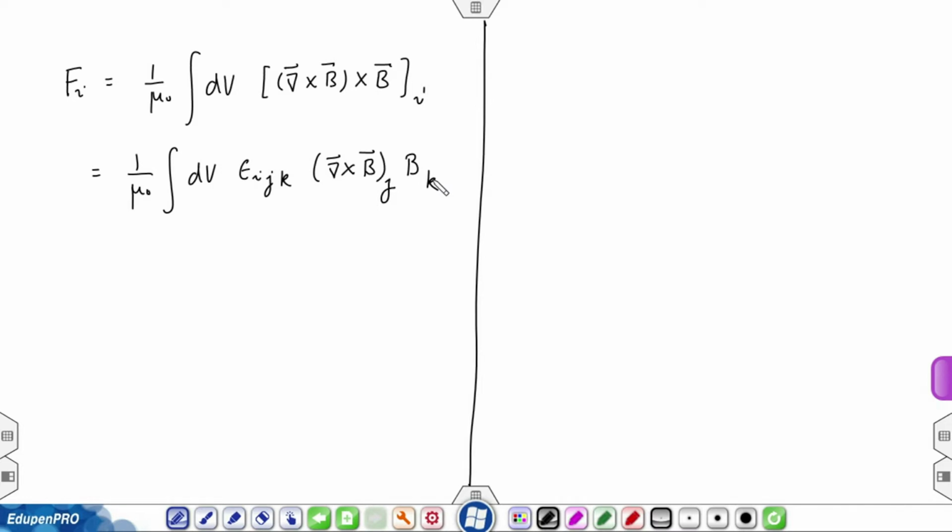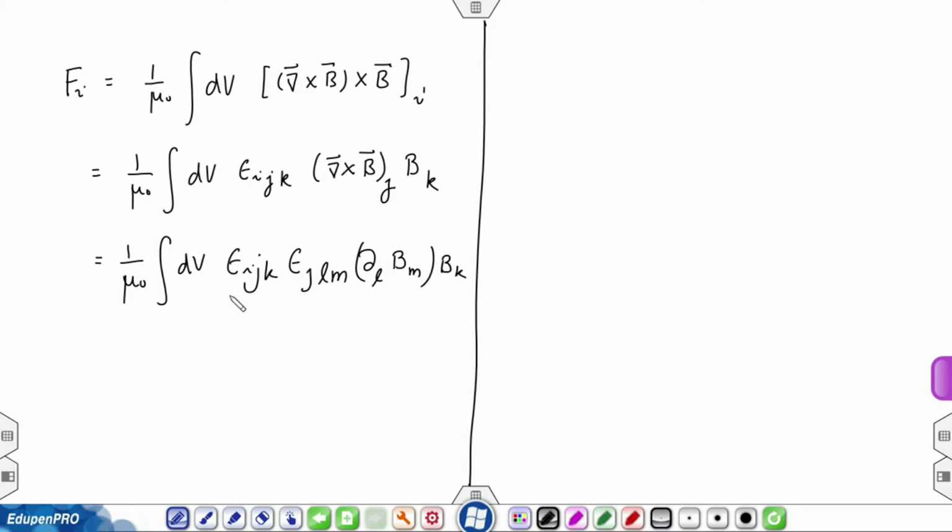Curl of B, jth component, I can again write using the Levi-Civita symbol as 1 over mu 0 dV epsilon_ijk epsilon_jlm partial_l B_m B_k.